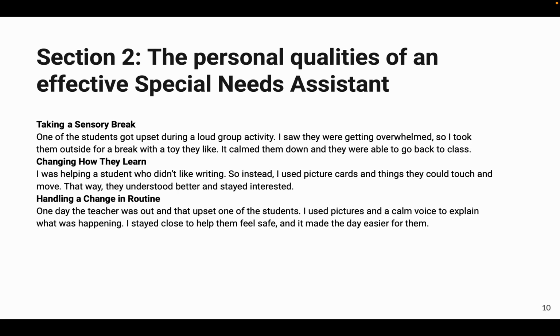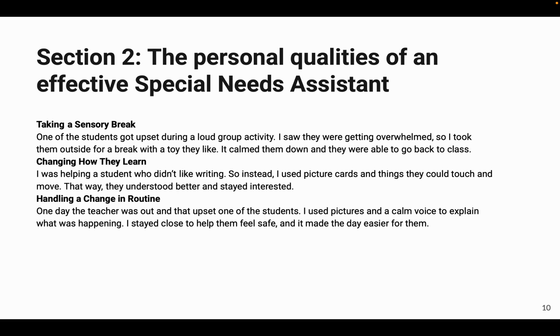It calmed them down and they were able to go back to class and return to the lesson. Changing how they learn. I was helping a student who didn't like writing, so instead I used picture cards and things they could touch and move. That way they understood better and stayed interested.